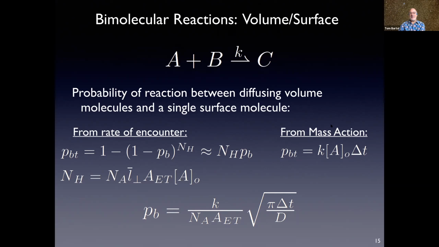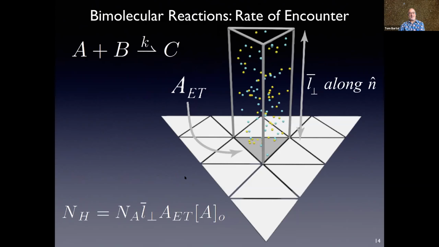Okay, now we can calculate this same quantity, PBT, but from the point of view of rate of encounter. So this is mass action kinetics over here, but from the point of view of Smoluchowski rate of encounter, from the Einstein-Smoluchowski equation.